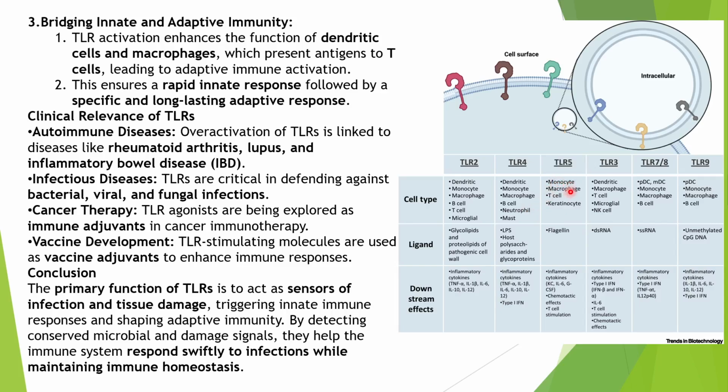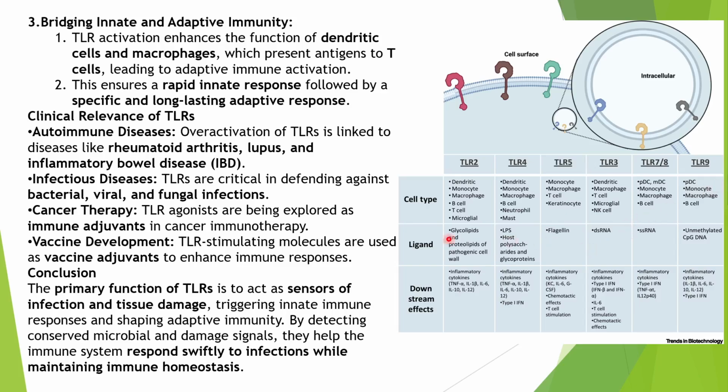Then TLR5 is present on monocytes, macrophages, T cells and keratinocytes. TLR3 is present on dendritic cells, macrophages, T cells, microglial and NK cells. TLR7 and 8 are present on PDC, MDC, monocytes, macrophages, B cells. TLR9 is present on PDC, monocytes, macrophages and B cells. So depending on its role in activation of a particular pathway, it is present on different cells.